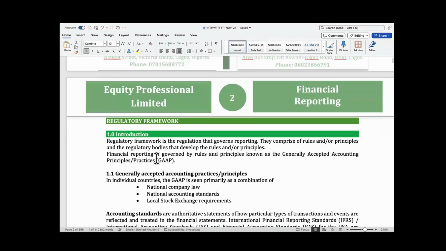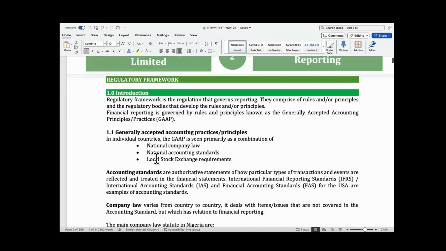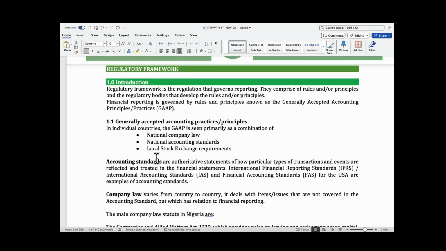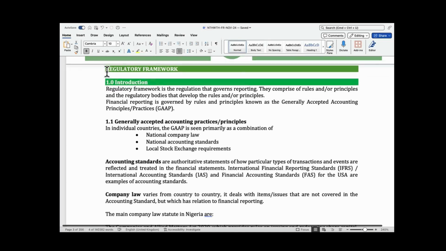So our first topic today is regulatory framework. Why regulatory framework? When we mention regulatory framework, what this is majorly talking about is the regulations that govern financial reporting. So financial reporting majorly is around regulation.